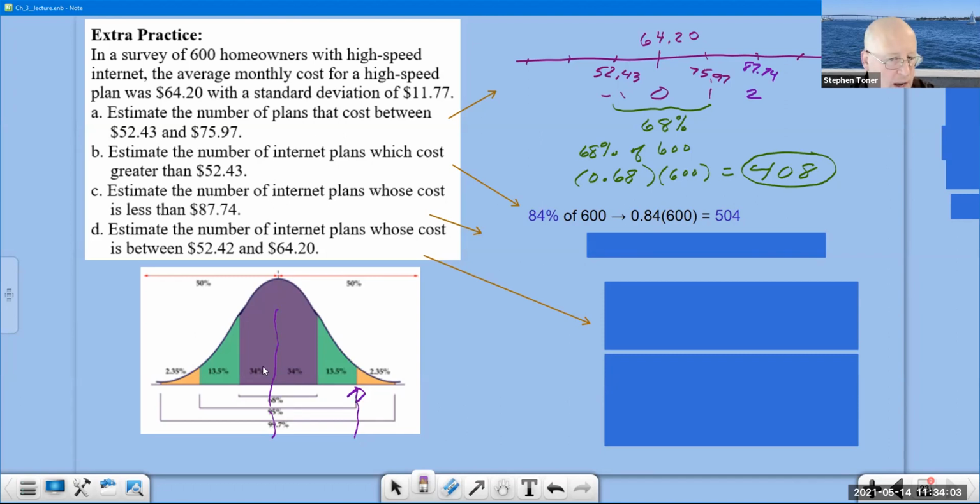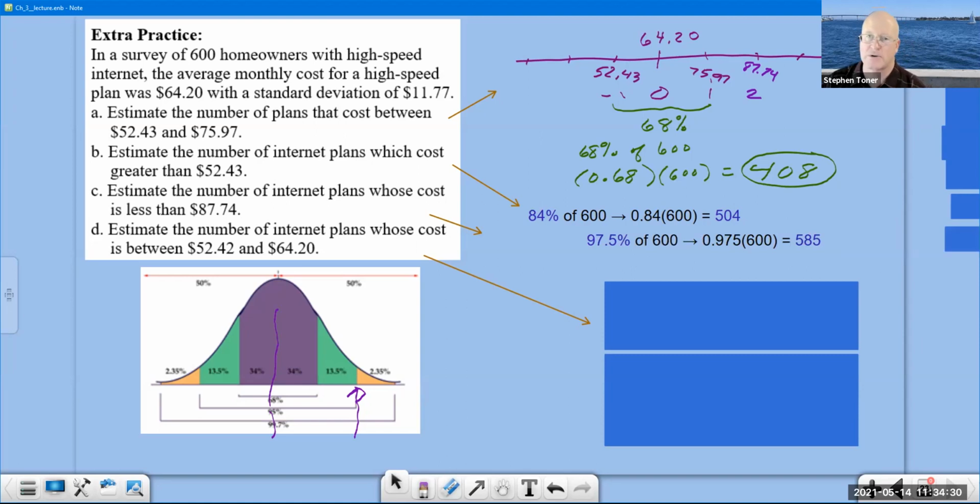This time I've got 50% to the left, and then I can add on the 34 and the 13.5. Or you can say the orange and the little white section to the right of it add up to 2.5% and do it that way. That gets you to 97.5%. So 97.5% of the 600 homeowners gives us 585 in this category.